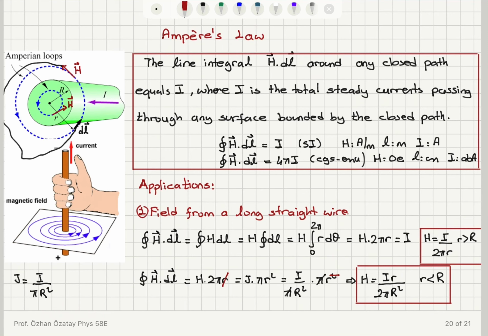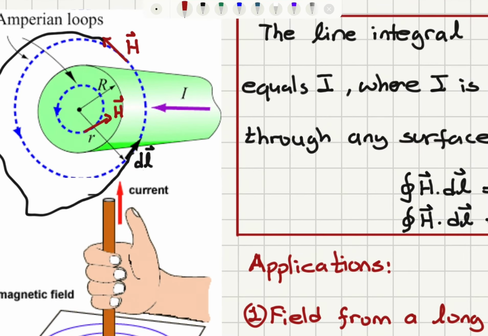So later on we found that the same thing holds in CGS EMU units. Instead of I, we have 4 pi times I, where the current is in abamps, H is in Oersteds, and the distances are measured in centimeters. So for this closed path integral, the dot product between H and dl, let's do this explicitly.